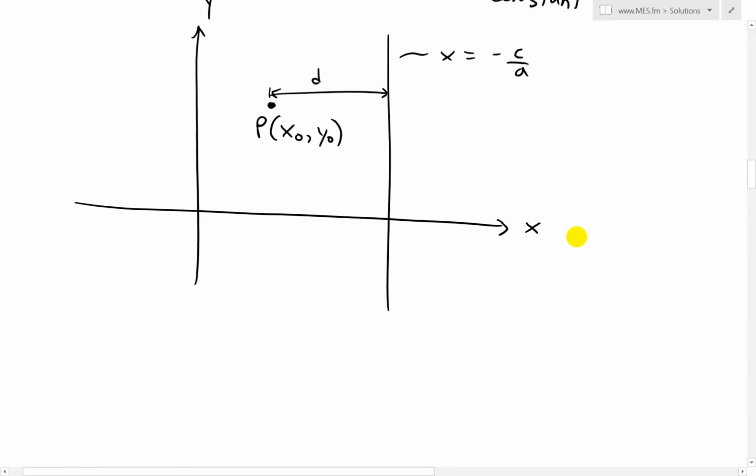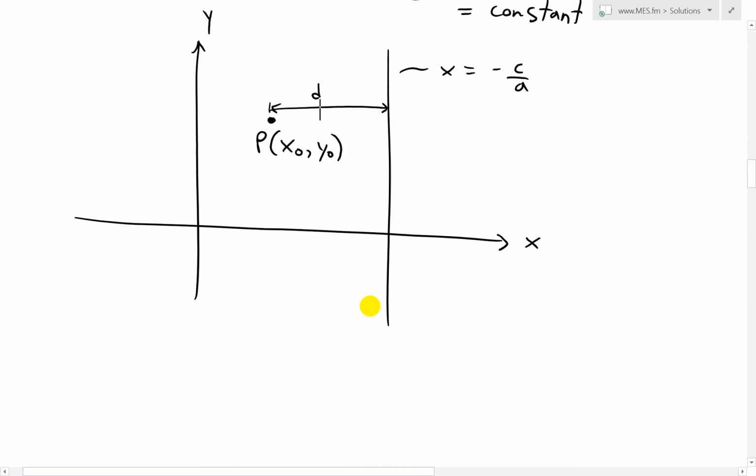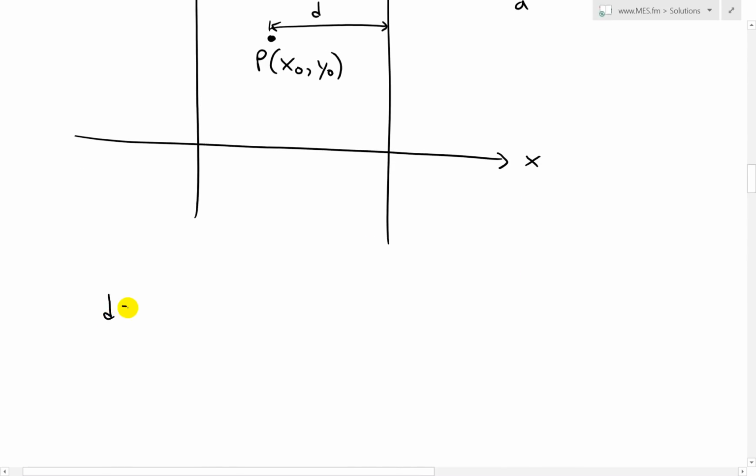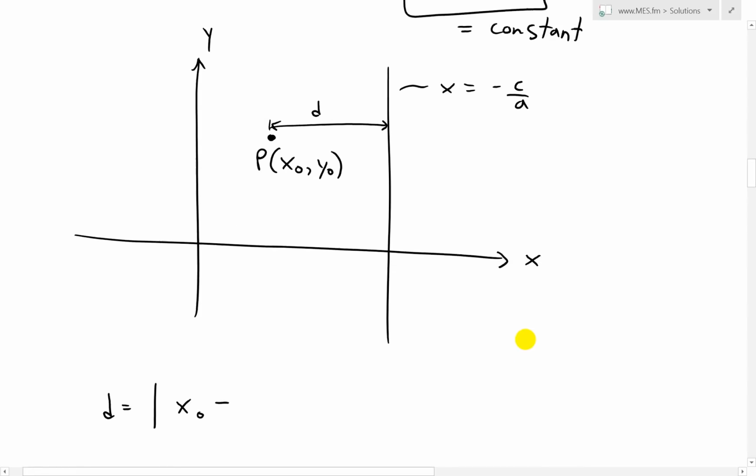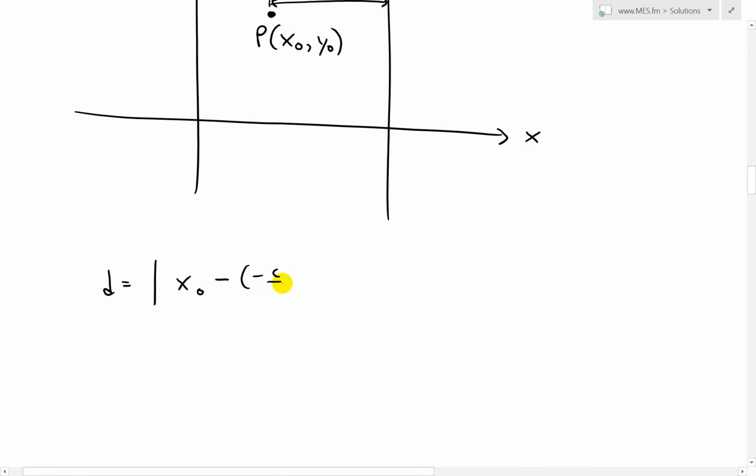And now this is just the horizontal difference between the two. So in other words, d is equal to the absolute value of x0 minus negative c over a. Or you could do it the other way around, negative c over a minus x0, but with the absolute value it doesn't matter. Now those negatives cancel, so we have x0 plus c over a, absolute value.